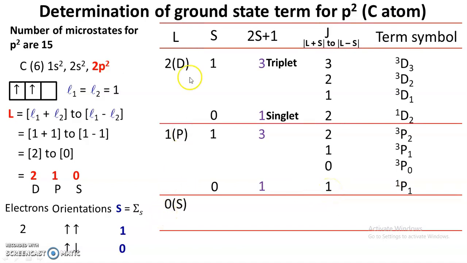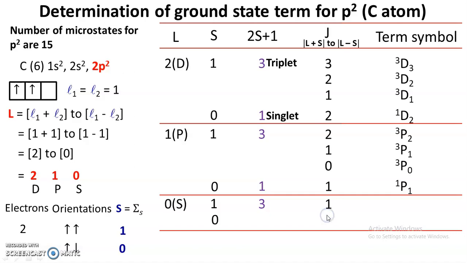Okay, now L is equal to 0 also couples with S is equal to 1 and S is equal to 0. When S is equal to 1, the multiplicity is 3, already discussed. Then possible J values when L is equal to 0 and S is equal to 1: L plus S, that is 0 plus 1, equal to 1, and L minus S, that is 0 minus 1, that is minus 1, but negative J values are not possible.